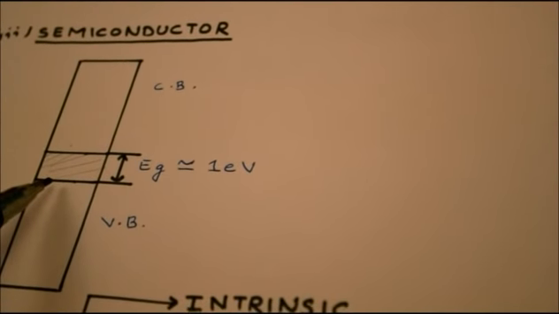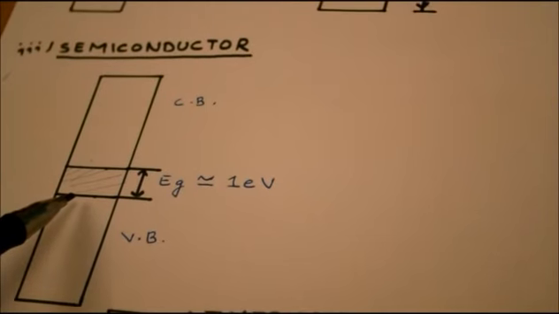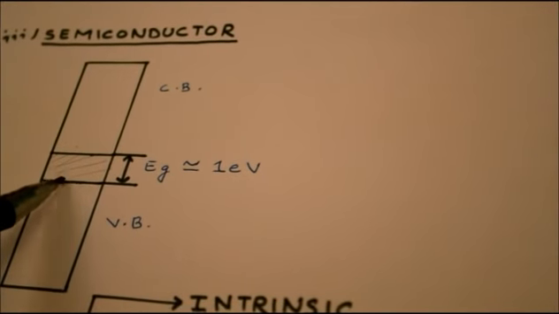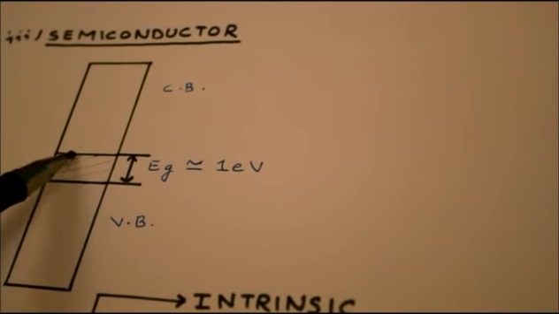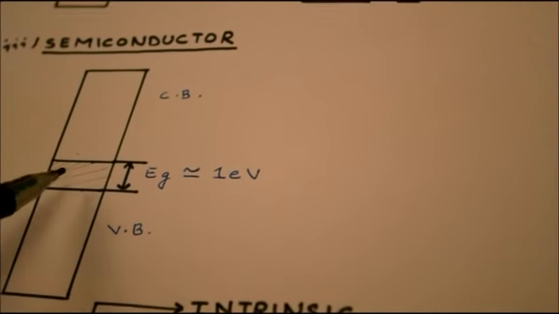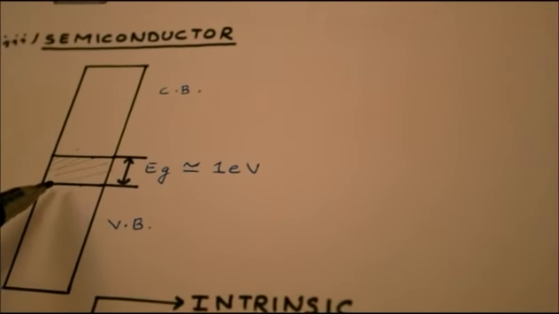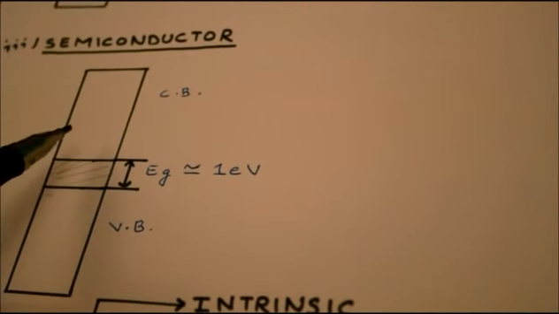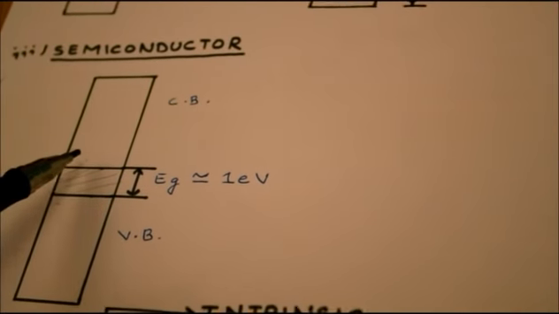If the temperature is increased, say to 30 or 35 degrees Celsius, this energy gap reduces and the conduction increases quite fast, as more and more electrons move from the valence band to the conduction band.